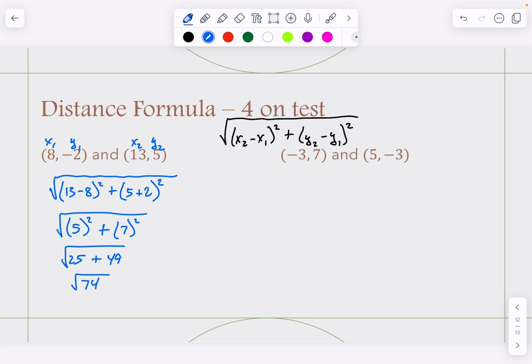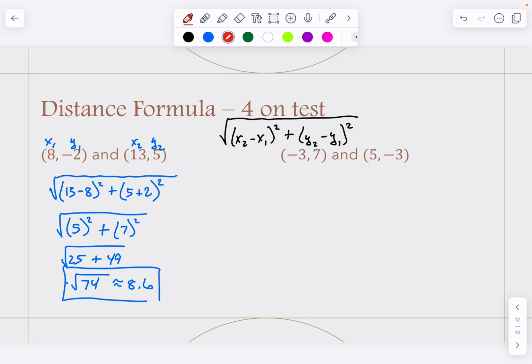And good news, bad news, either way you think of it, 74 only has prime number factors. None of them are perfect squares. So I just need to find the decimal equivalent of the square root of 74, and that is 8.6. So my two answers, square root of 74 would be my radical, 8.6 would be my decimal.